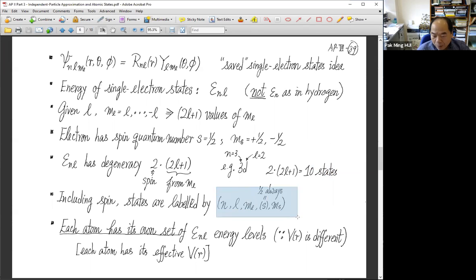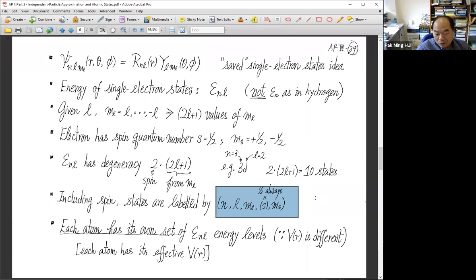Therefore, a way to label atomic orbitals is just what we discussed a few weeks ago. Principal quantum number n and l, so nl will give us 3d, for example. And then behind l, there's an m_l. The electron is always spin half. There's an S equals half, always skipped. And then we have the up-down m_s. So this is the full description of many-electron atomic orbitals, okay?